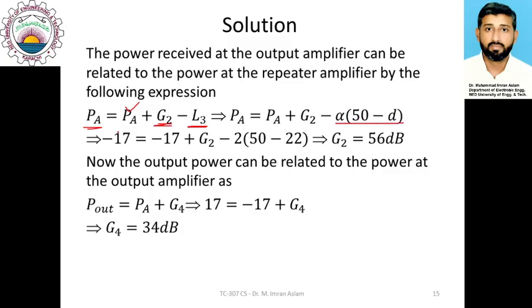And if you simply substitute all the values here, you would get the gain of the second amplifier, which comes out to be 56 dB. So the repeater amplifier, which is placed at 22 kilometers from the transmitter, should have a gain of 56 dB in order to maintain the required amount of power at the output side.